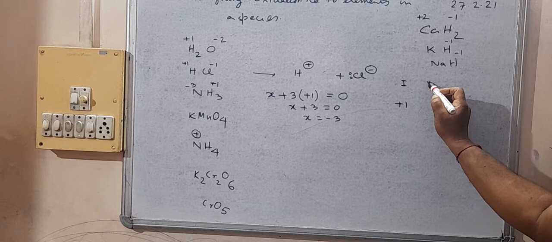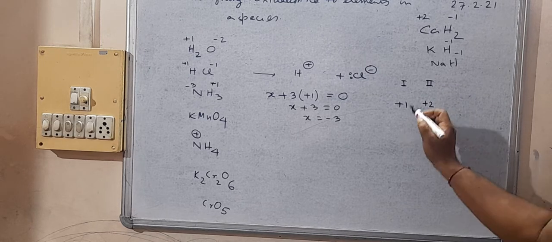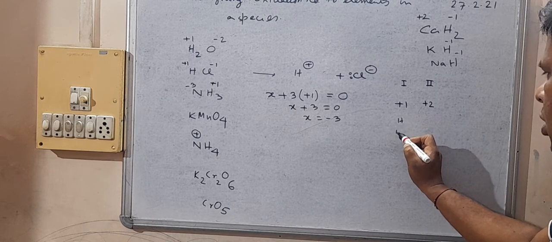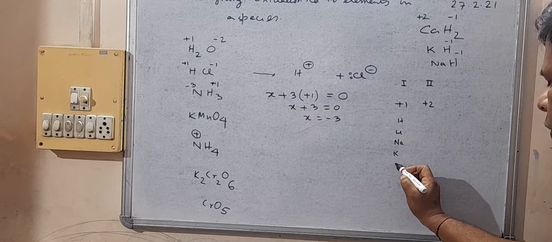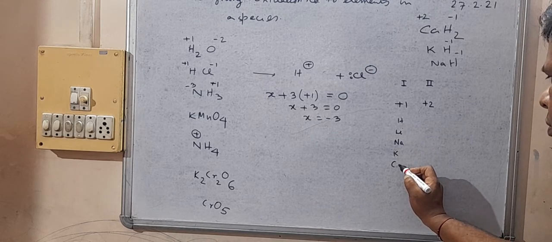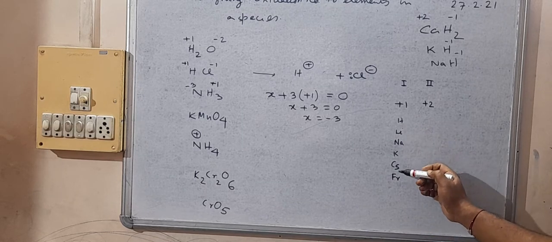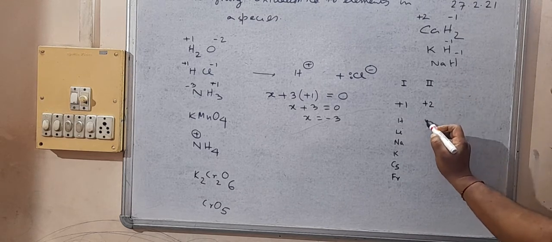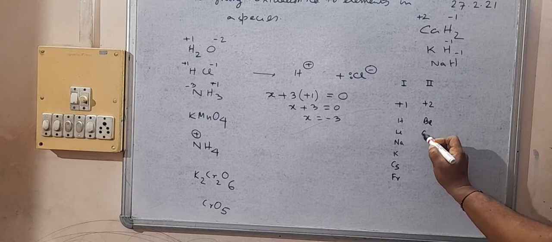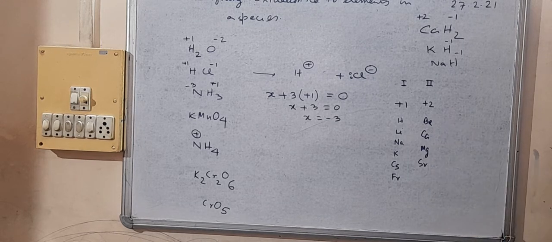Group 2 elements have oxidation number of plus 2. In group 1 we have hydrogen, lithium, sodium, potassium, cesium, francium. These all have oxidation number of plus 1. Then beryllium, calcium, magnesium, strontium, they all have oxidation number of plus 2.